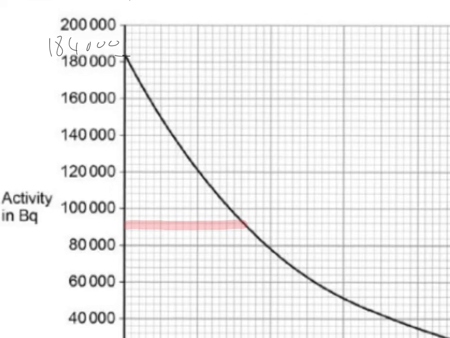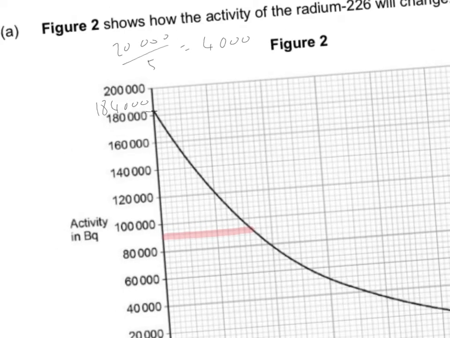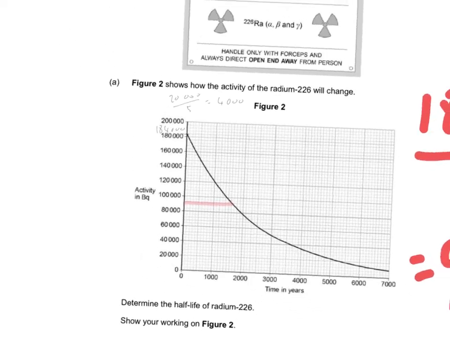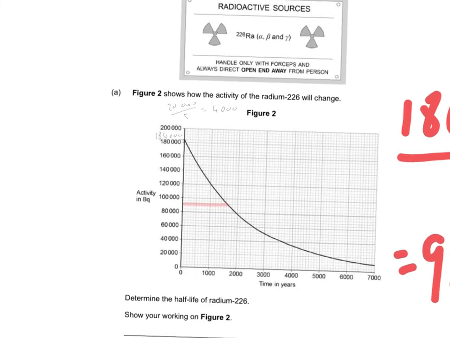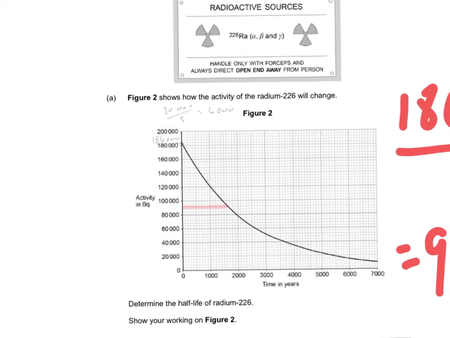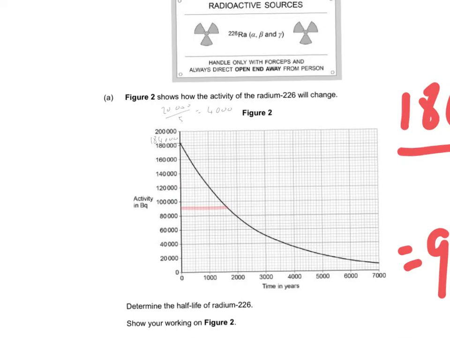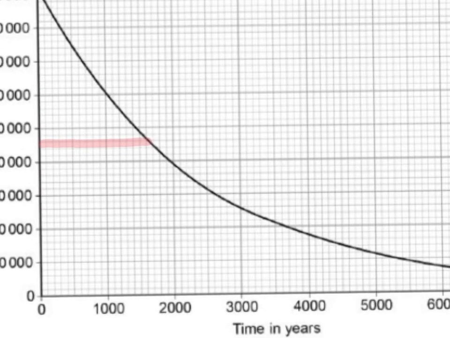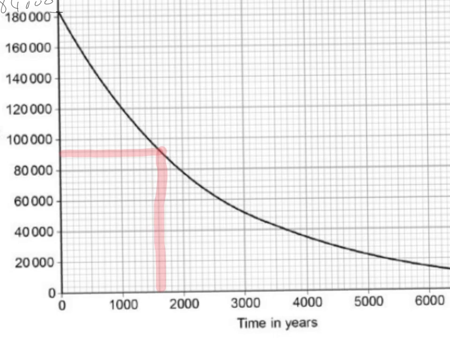Then I need to go down from that to reach my x-axis. I've got a highlighter on here. I come down that line until it reaches the x-axis. My line's slightly wobbly. You should ideally do that with a ruler, but I think I've stayed on the right line.